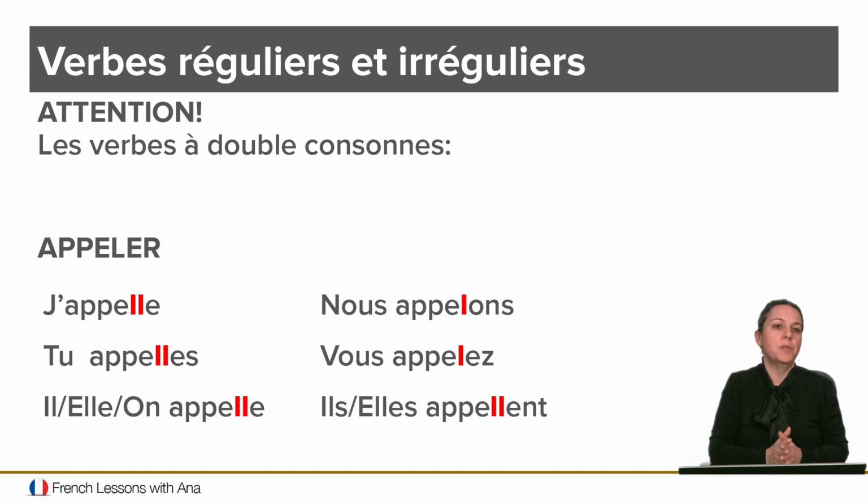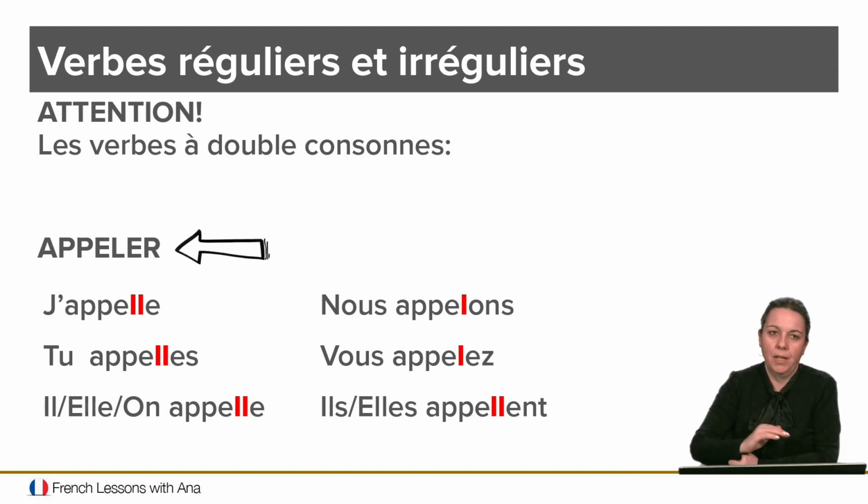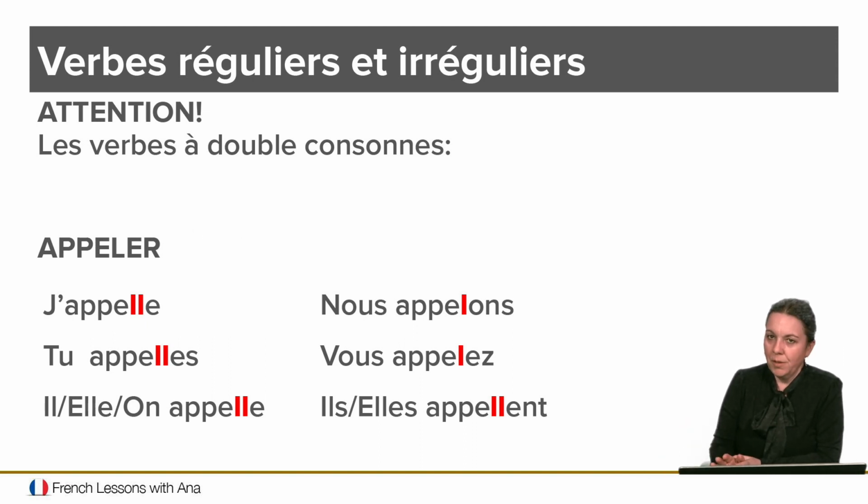And one of those verbs is the verb appeler, right? Appeler means to call, okay? S'appeler is also a verb. We're not there yet. We'll do a lesson on reflexive verbs. This one, just to call, okay? In this case, that e, as you can see, is also sort of silent, appeler. But when we conjugate it, it's going to open into an è, just like the ones before.